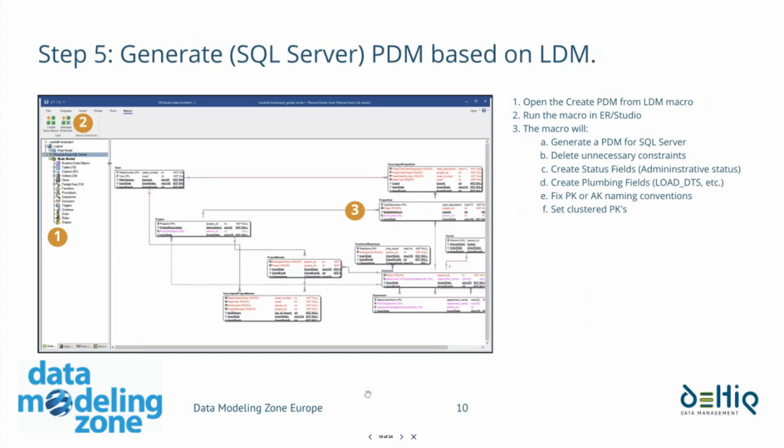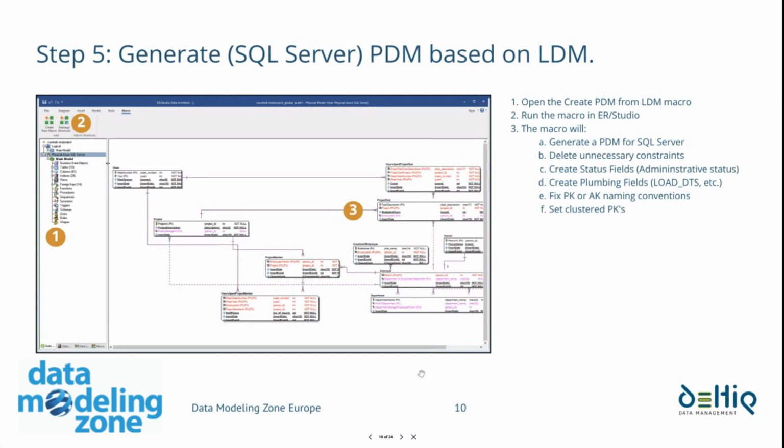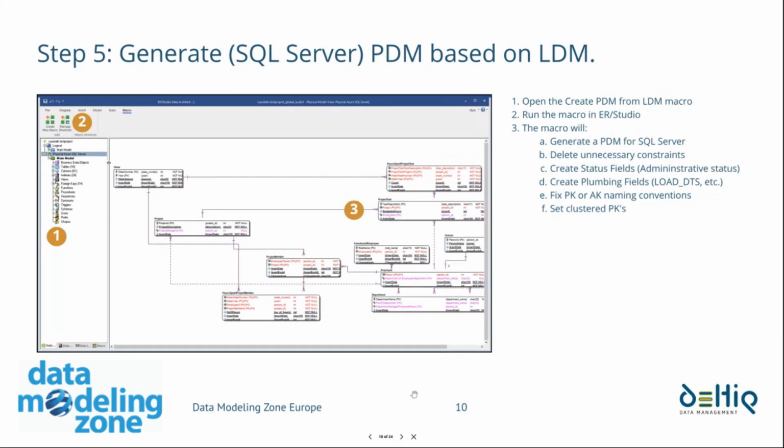In the fifth step, we generate the physical model based on the logical model. We generate a SQL Server specific physical model. This is all being done, by the way, by scripting. It's a matter of minutes. Also, we do some technical adjustments in this phase. We define clustered primary keys. We fix some primary key and foreign key naming conventions.